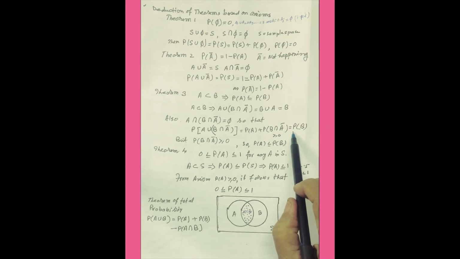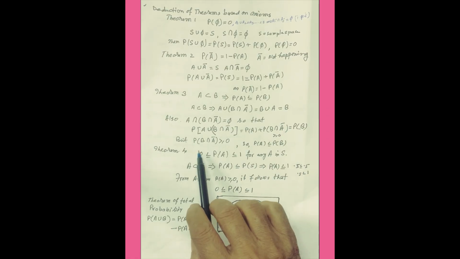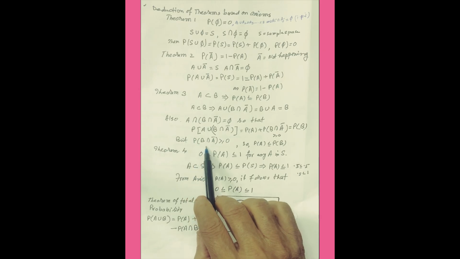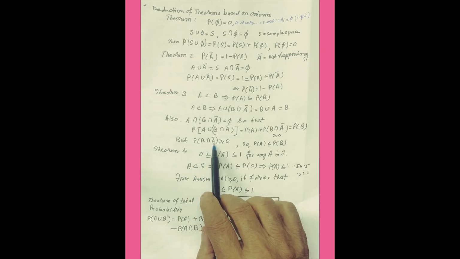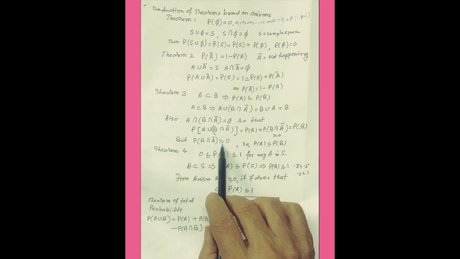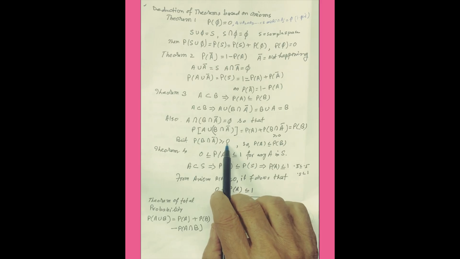Now this is equal to probability of B. The probability of B intersection A bar is greater than or equal to 0, that means it is a positive number.